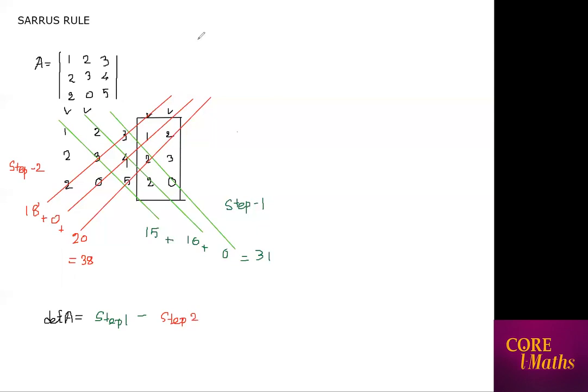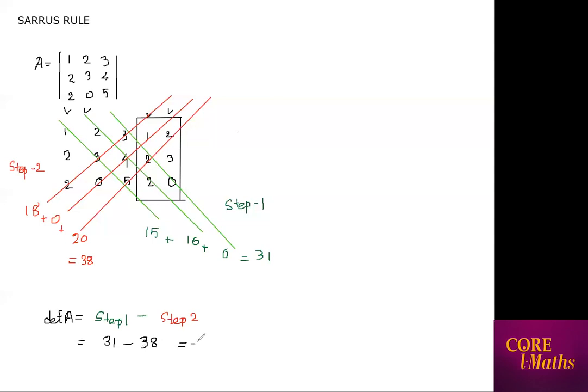That is, the value of step 1 is 31, minus the value of step 2, which is 38.